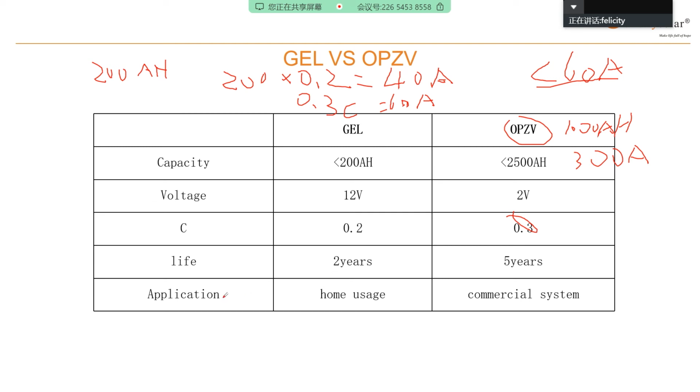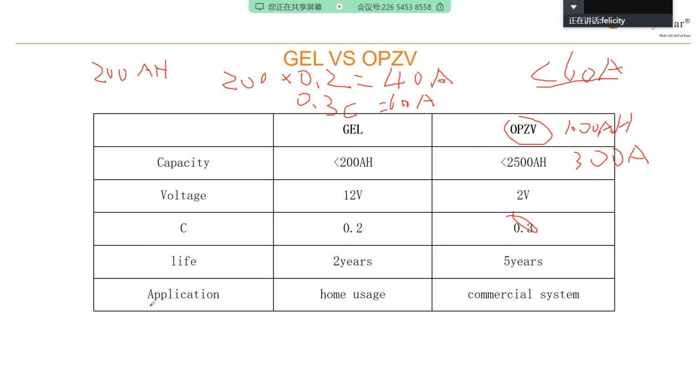For usage life, the GL, if you use it correctly, can be used for 1 or 2 years. OPCV can be used for about 5 years because the cycle life is generally about 1,000 to 1,500 times.